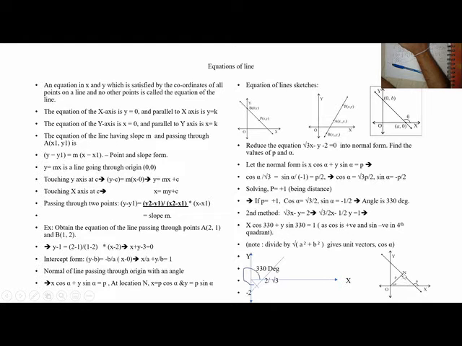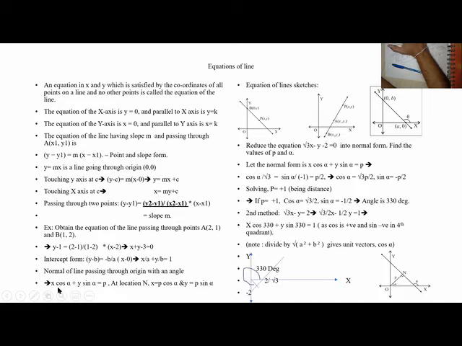Let us see the point n. What is n? It is having x, y. P cos alpha is x, P sin alpha is y. So x is equal to P cos alpha and y is equal to P sin alpha. Suppose you multiply x with cos alpha, so x cos alpha is P cos square alpha, y sin alpha is P sin square alpha.